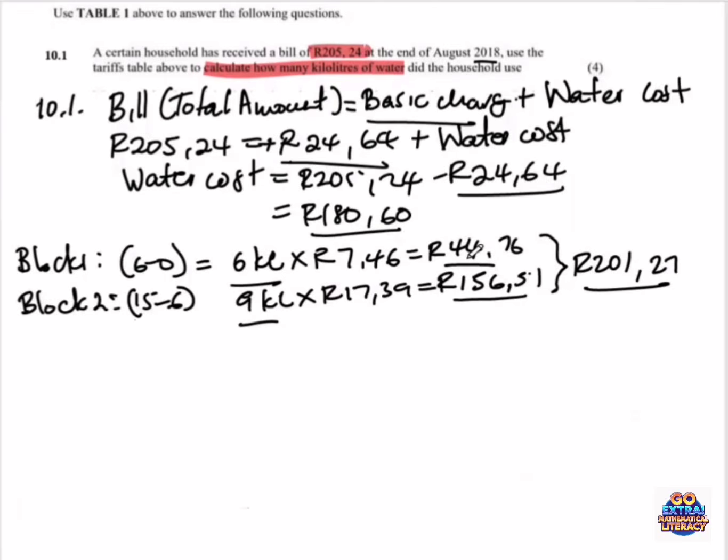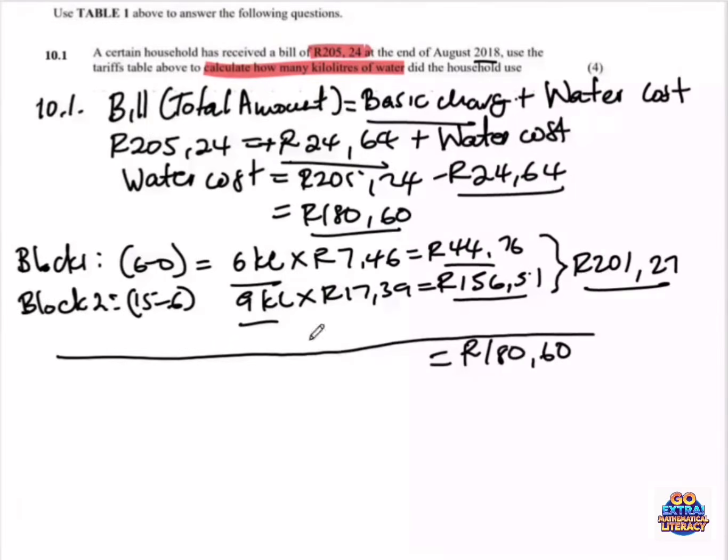So what you need to try to do is like this. We know that the kiloliters here are more. If they are more, they give us 201. So now the tariff is going to be the same, which is 17 rand 89 cents.